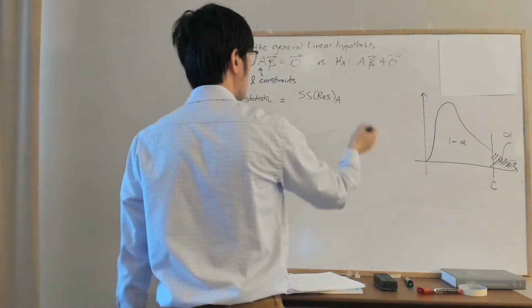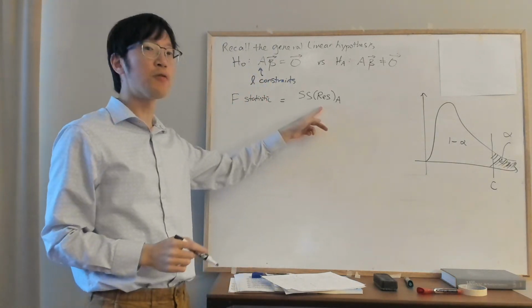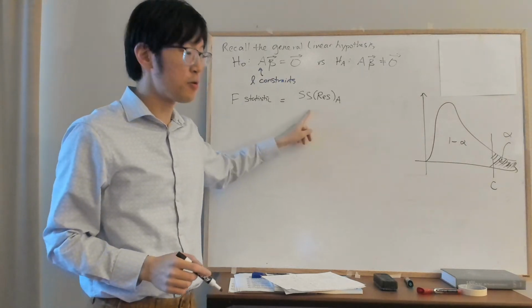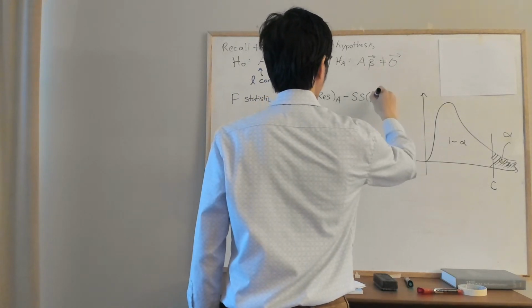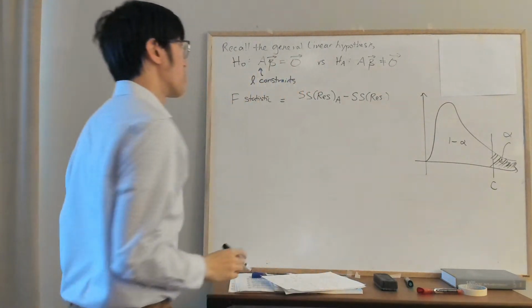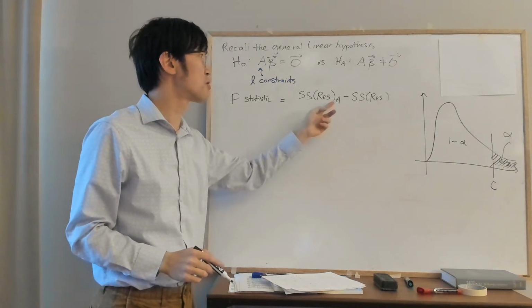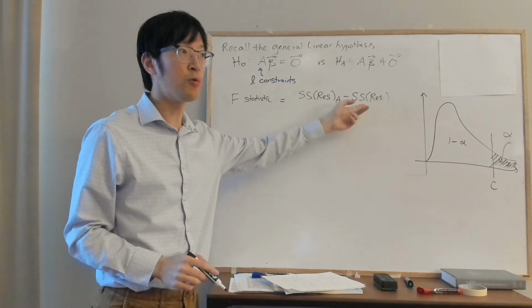The key statistic is this difference between the sums of squares: what's left over in terms of the residual sum of squares after fitting the reduced model compared to fitting the full model. This is a key quantity, the difference, the additional sum of squares that the full model is able to explain.